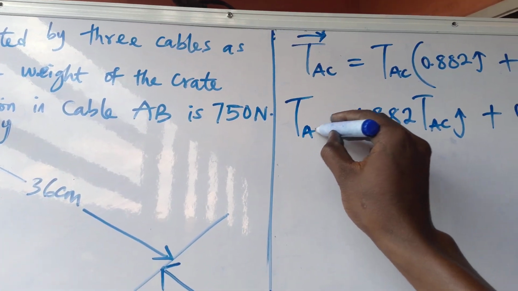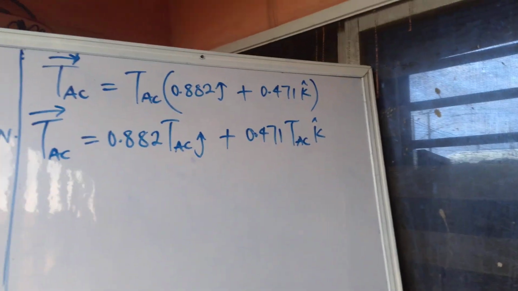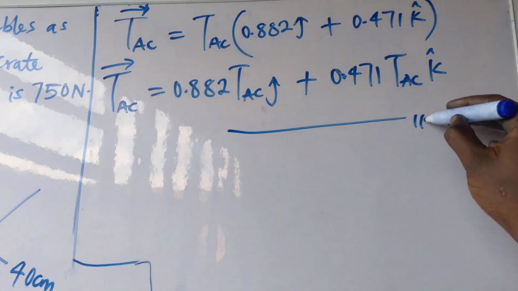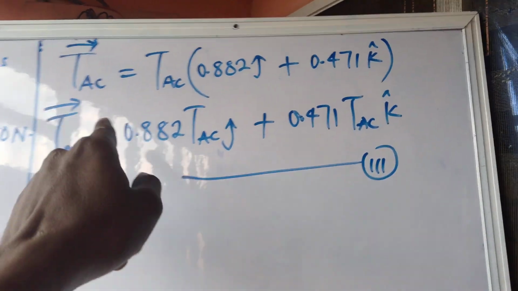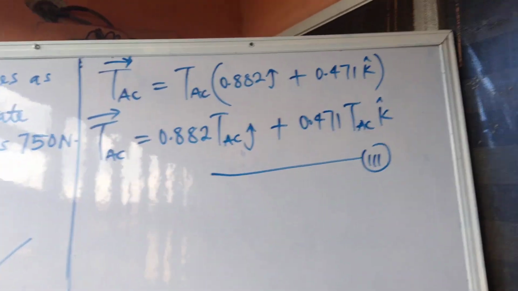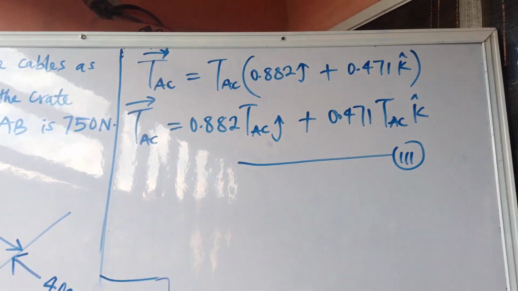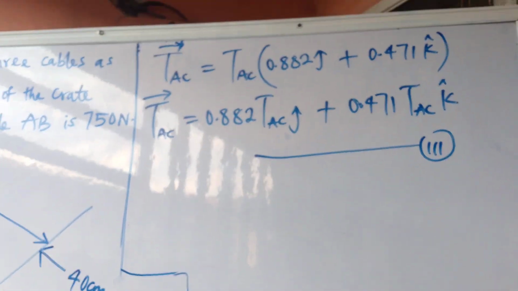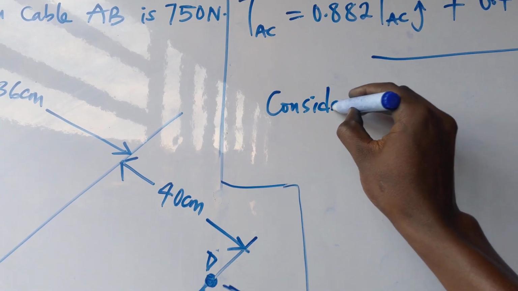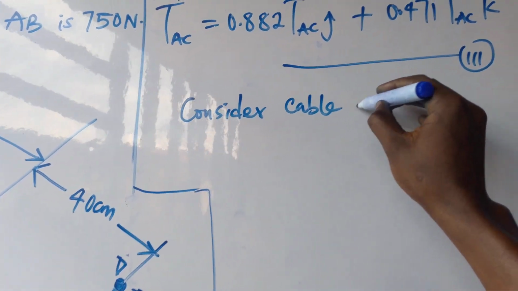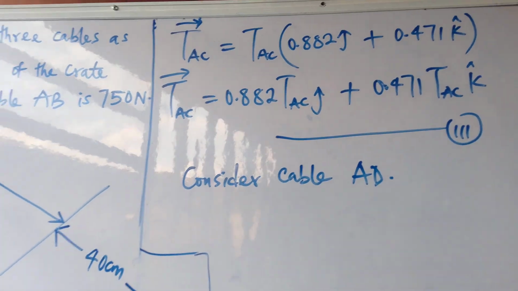That's the tension force AC, so I can call this one equation 3. When I expand it, I'll have 0.882 TACj plus 0.471 TACk. Alright, now consider cable AD.